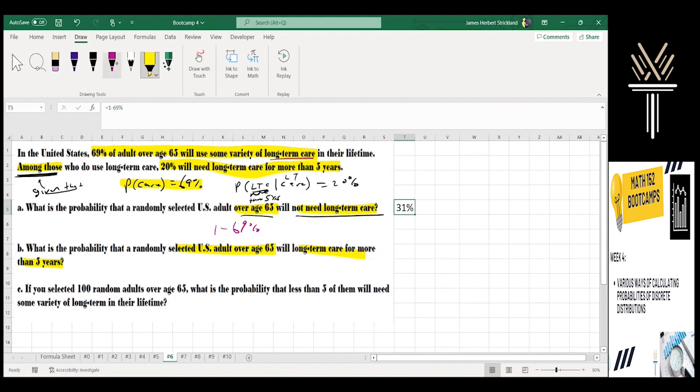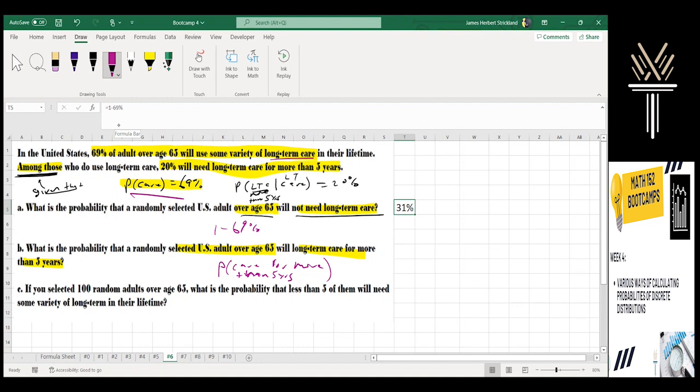So essentially what we're trying to find out is what's the probability that you just need care for more than 5 years, regardless if you need any kind of general care, regardless if you're in this category or not.